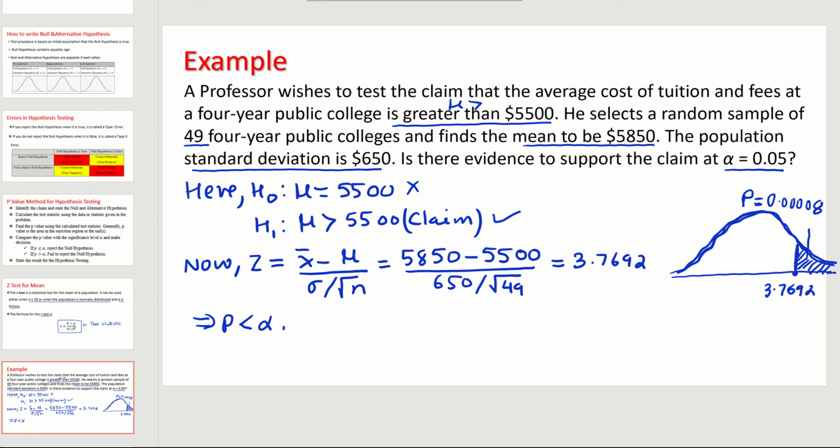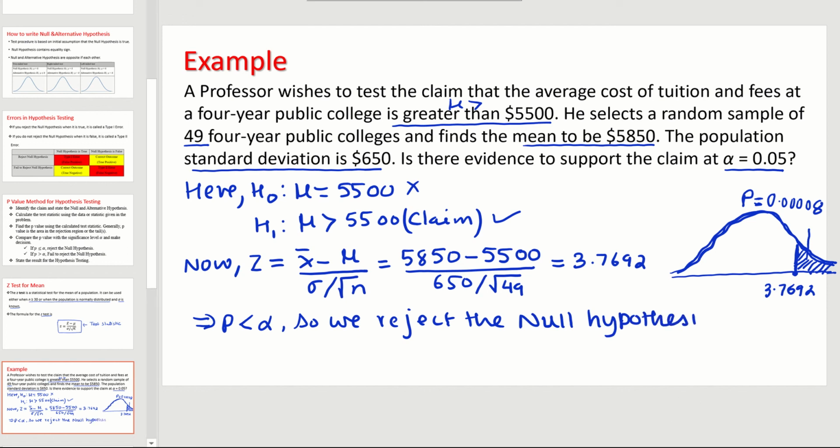So we reject the null hypothesis. Meaning of that is we are supporting the alternate hypothesis, or we are supporting the claim. So what we can write is there is enough evidence to support the claim at 5% significance level.